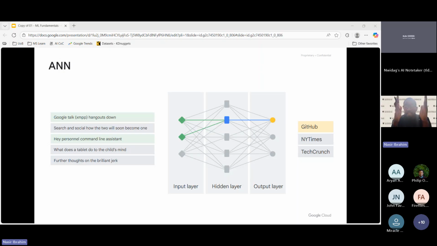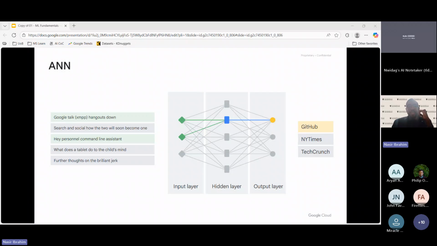Now, we can have one hidden layer, we can have any number of hidden layers. That's actually a parameter that you define when you're developing the model. And depending on the number of hidden layers that you have, it might be considered a deep neural network. And what do you do in the layers? That's the main differentiation between the different types of neural network.